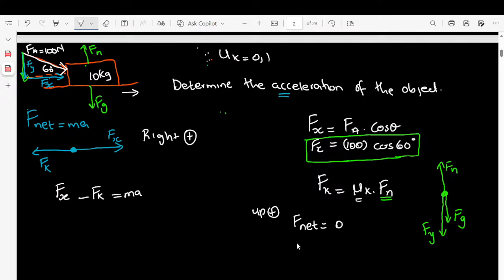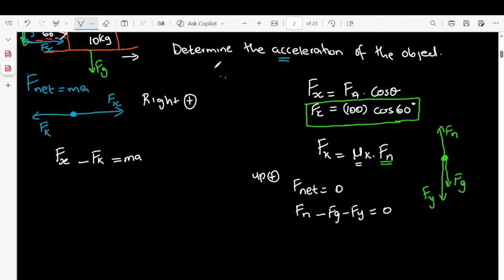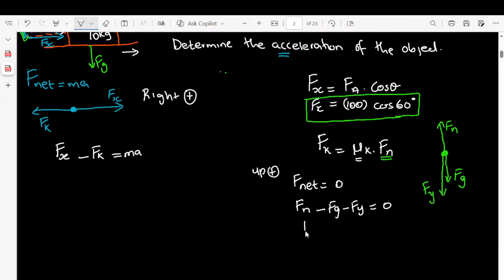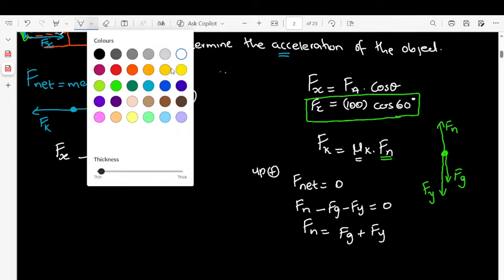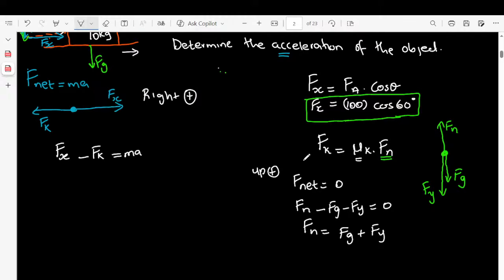I'll take my Fn, which is my normal force, and subtract all the forces going down, and equate this to 0. So what is your normal force equal to? Both of these go to the right-hand side and change sign. So now I know what my normal force is equal to.